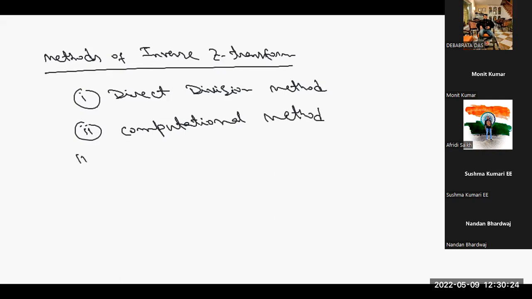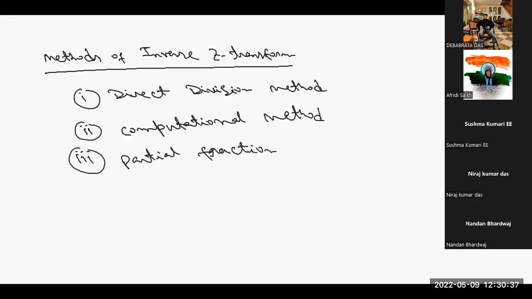Number 3, partial fraction expansion method.